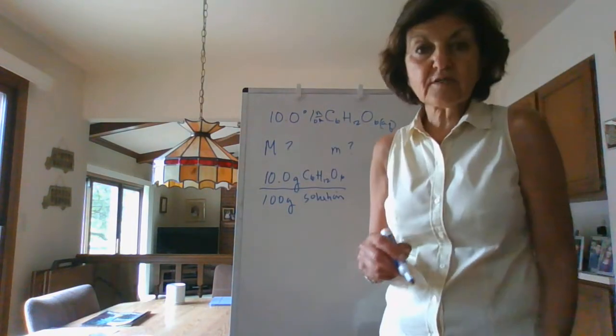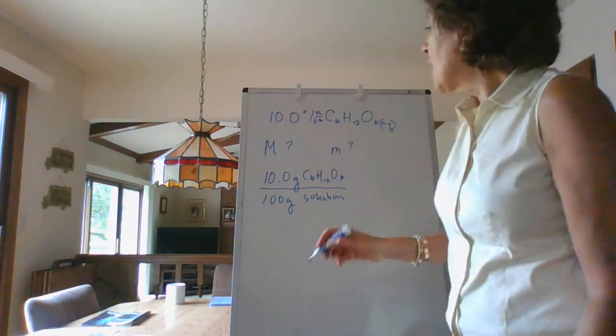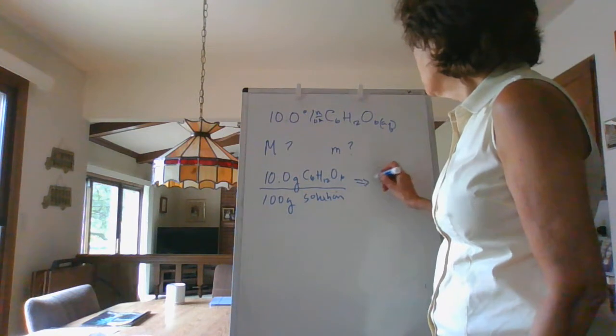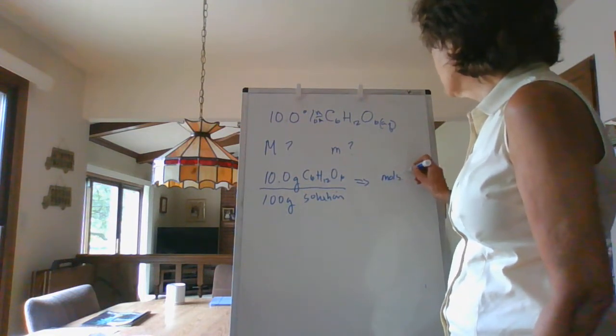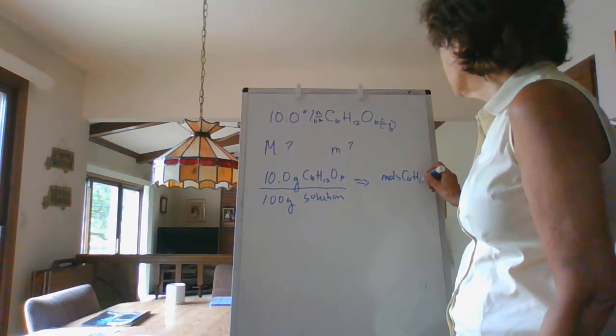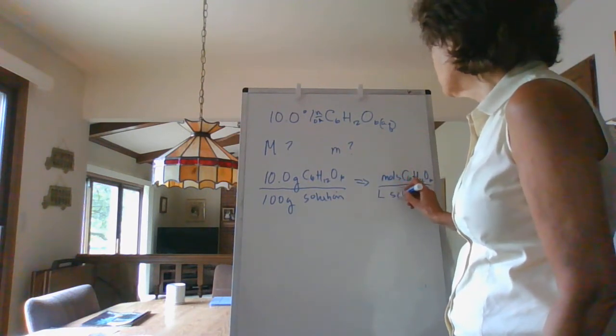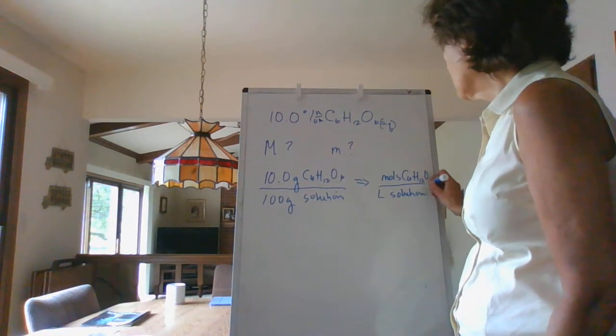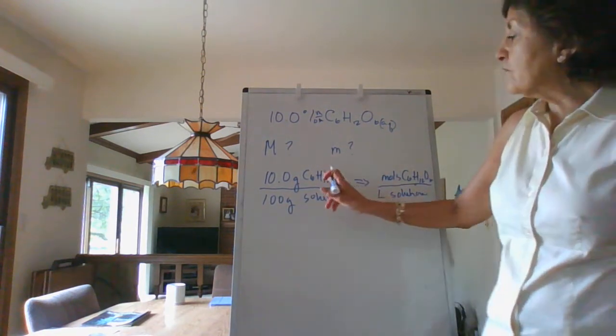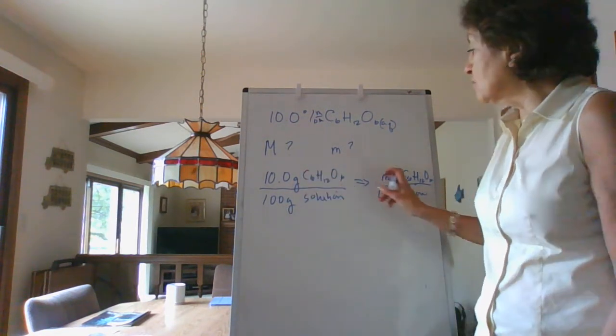That's what 10% means, okay? I want to convert that to moles of glucose, C6H12O6, over liters of solution.